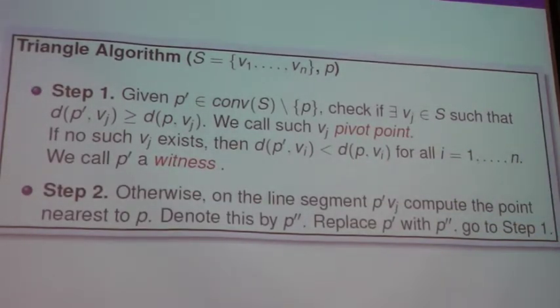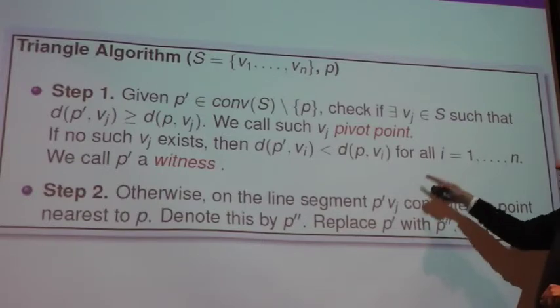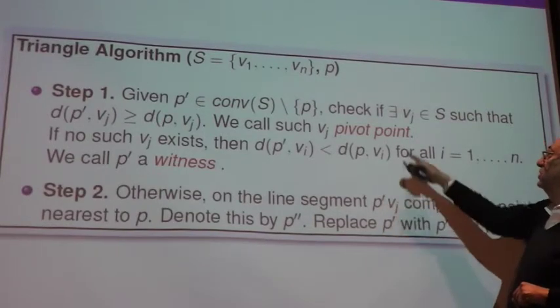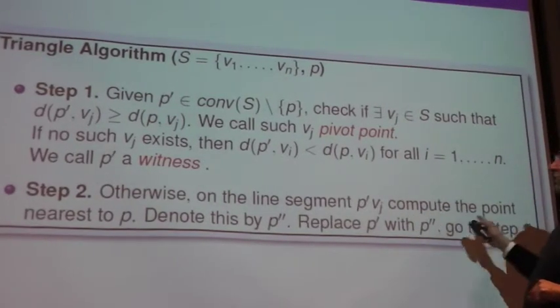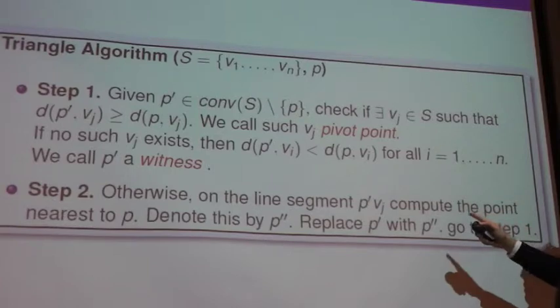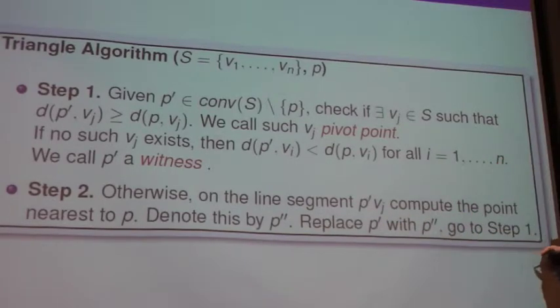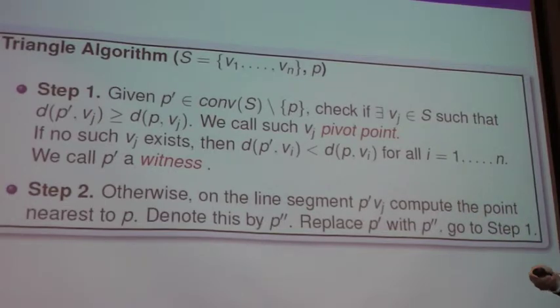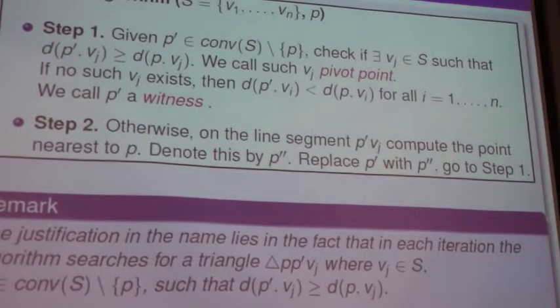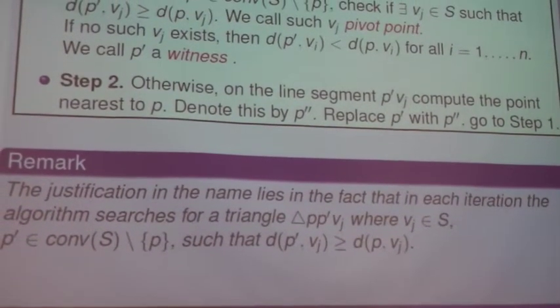Step 2, otherwise, on the line segment connecting p prime to v_j, compute the point p double prime which is closest to p. Replace p prime with p double prime and go to step 1. I'm going to show you how this works on a triangle actually. So I use this pivot point as an auxiliary point to get closer to p.